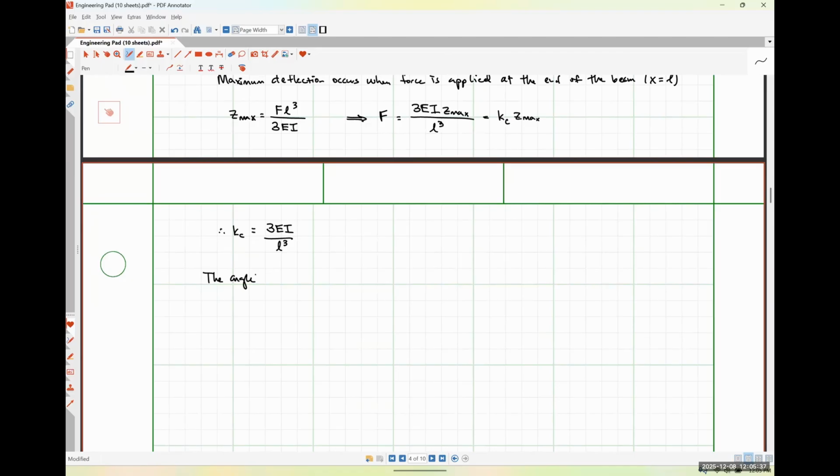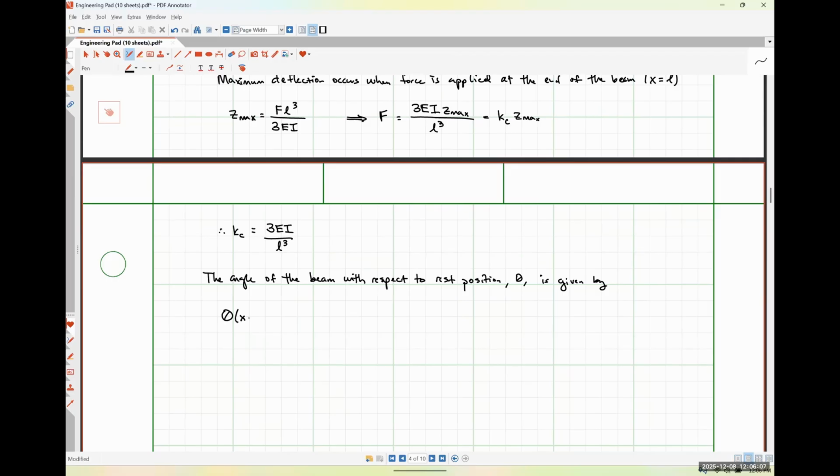The angle of the beam with respect to rest position, theta, will be given by this relationship.